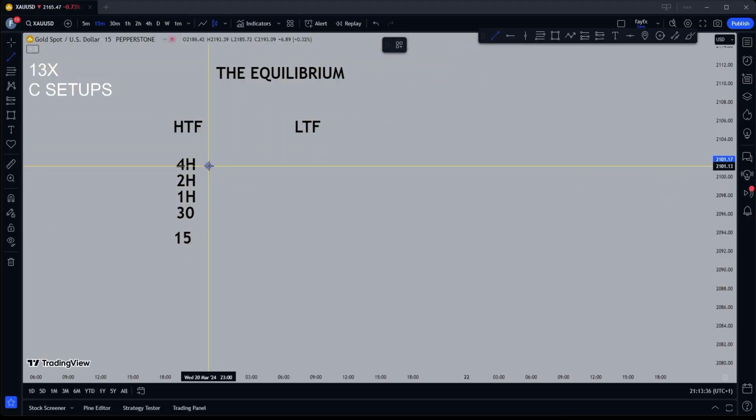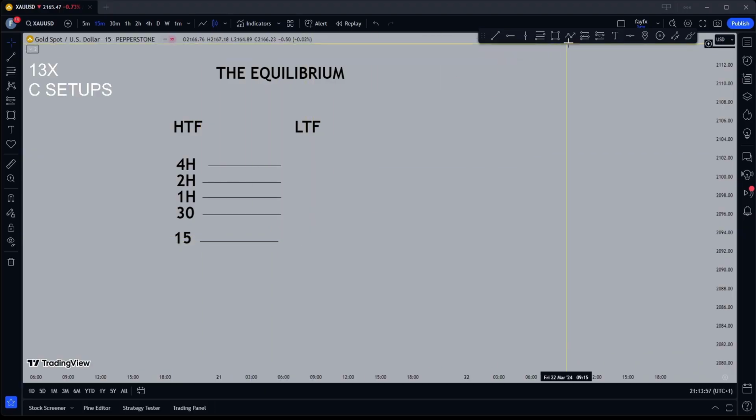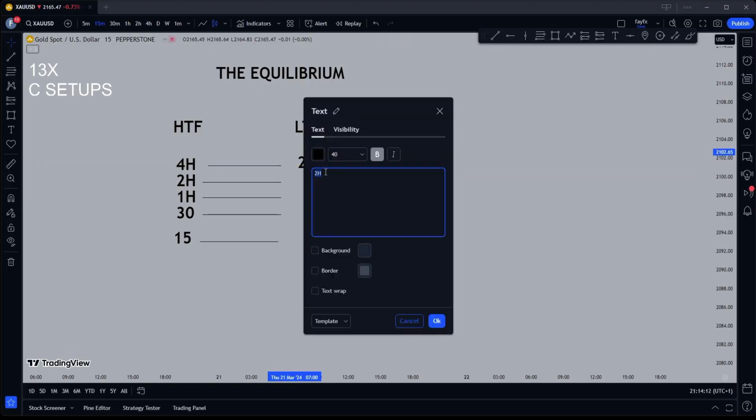In order to find the equilibrium of 4 hour time frame, and the 1 hour, 30 minutes, 10 minutes. The equilibrium of 4 hour time frame is 2 hours.